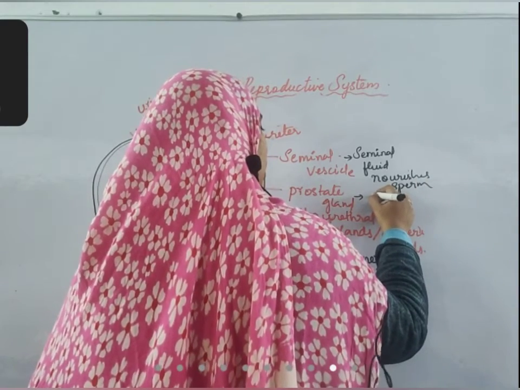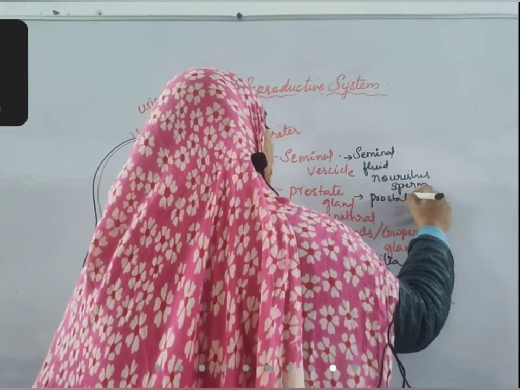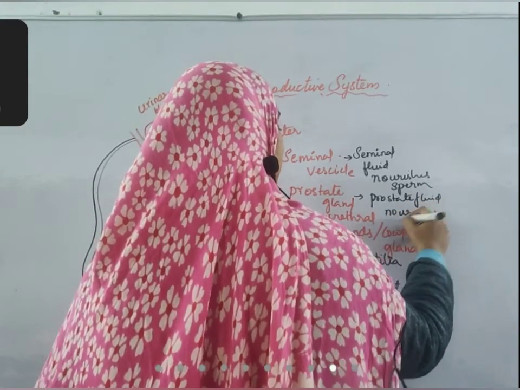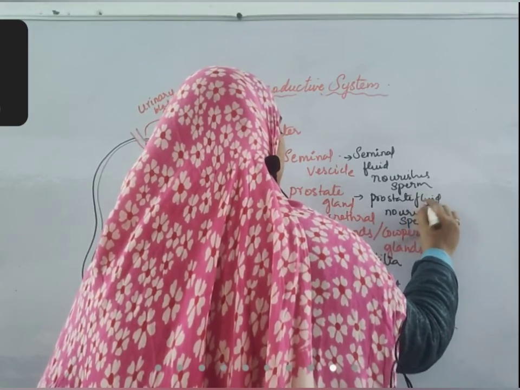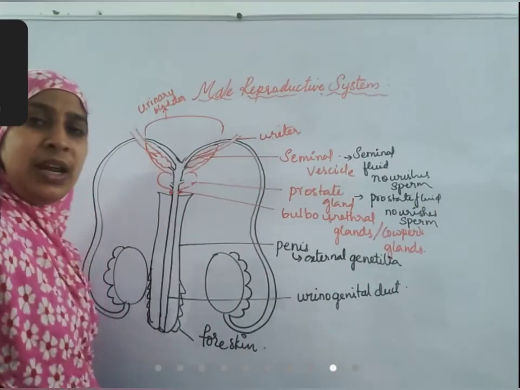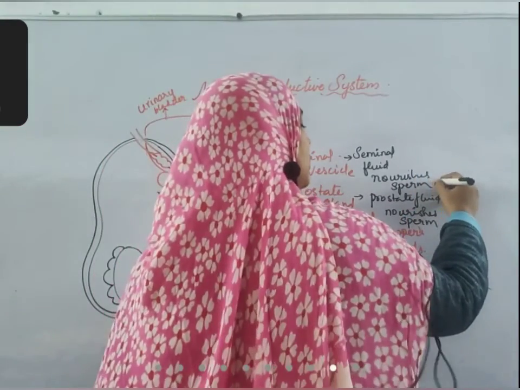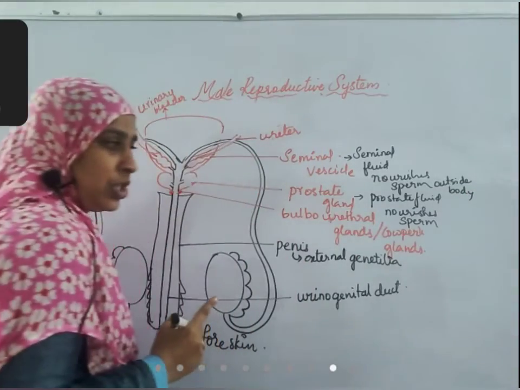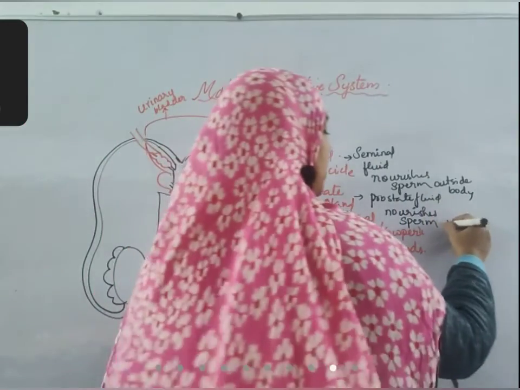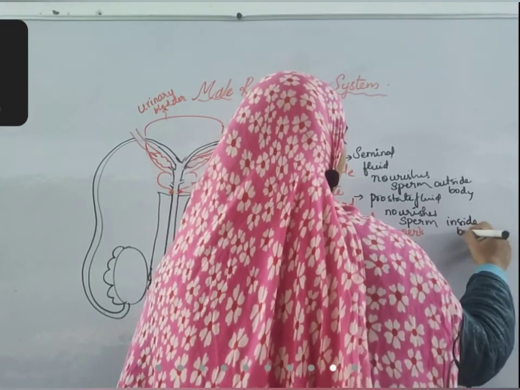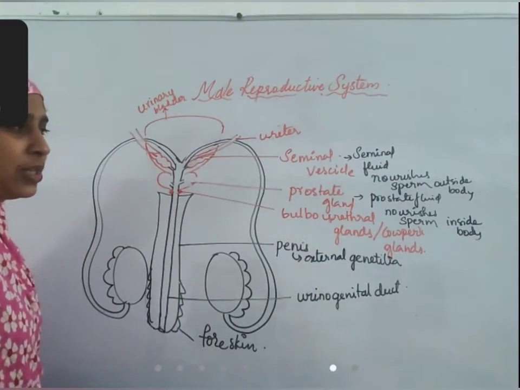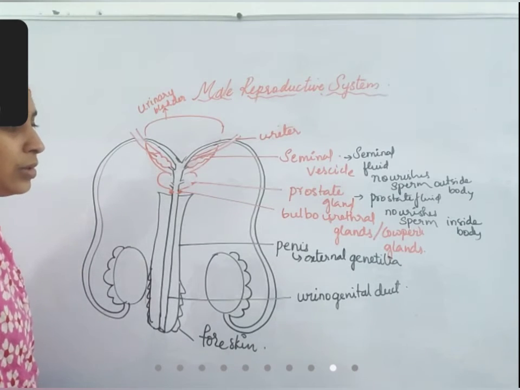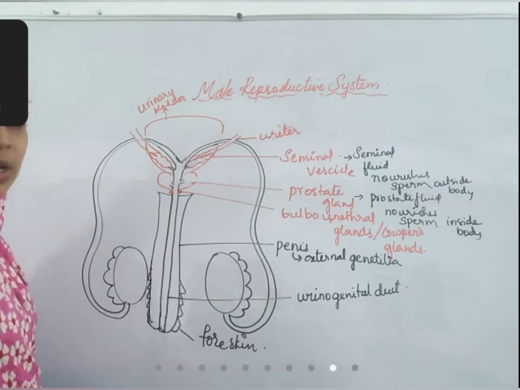Prostate fluid also nourishes sperm, but seminal fluid nourishes it outside the body, and prostate fluid nourishes it inside the body. When it is outside the body, seminal fluid provides the nourishment. When it is inside the body, prostate fluid provides the nourishment for its survival.